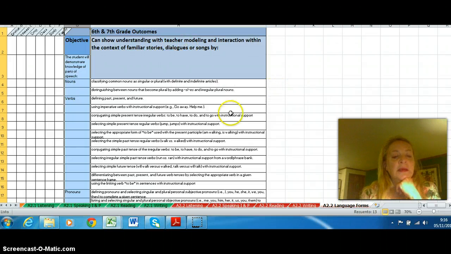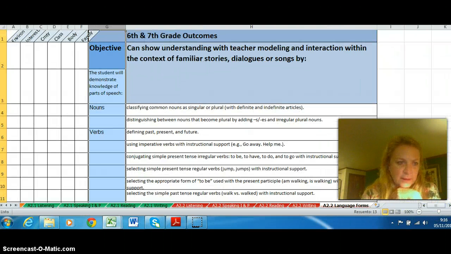Okay. I have also put in, I'll make this a little bit bigger here, I've also put in some columns here so that as the asesores are building up their units, they can place what unit is going to be working with which objective. So I'll show you over here at the very beginning.